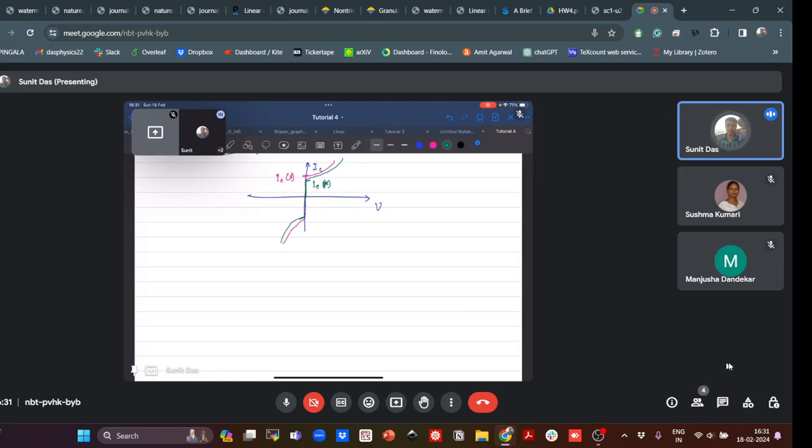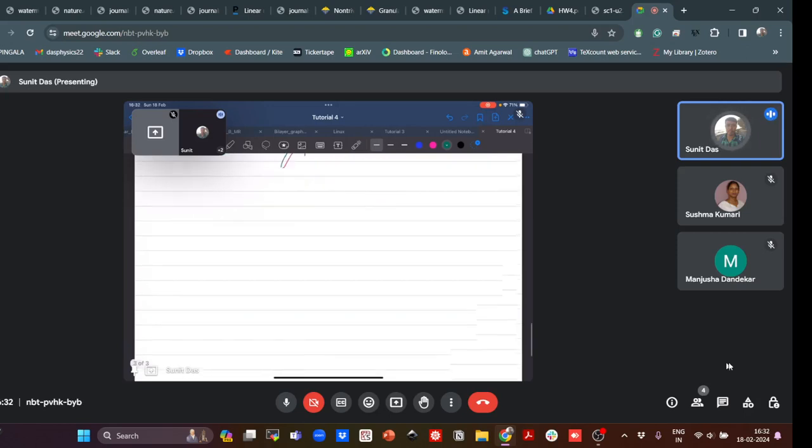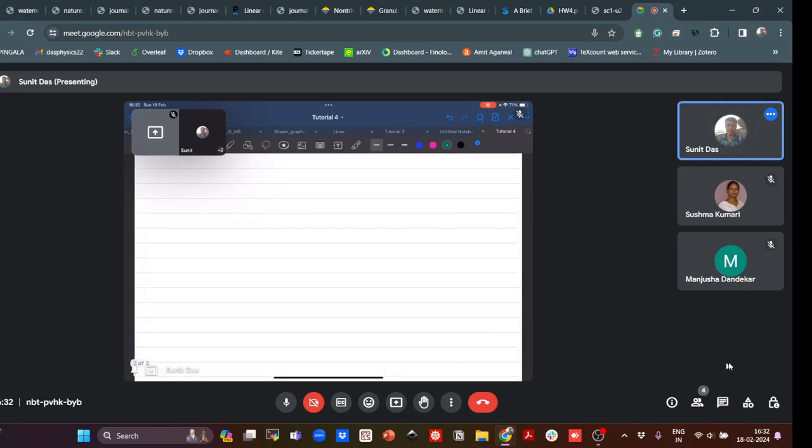So the next problem is related again to the normal metal and superconductor interface. So let's say I have a normal metal.